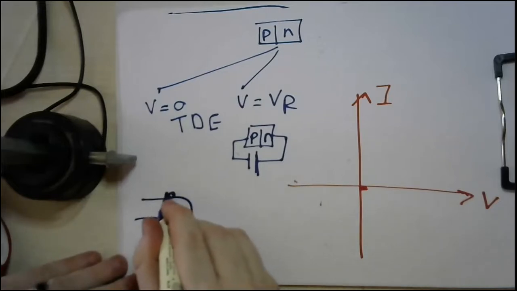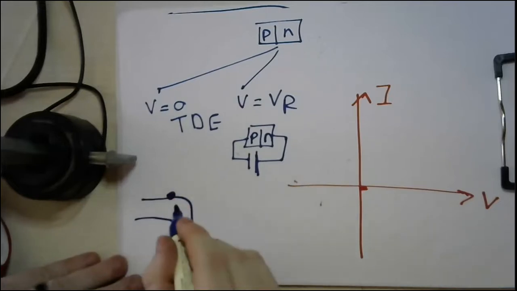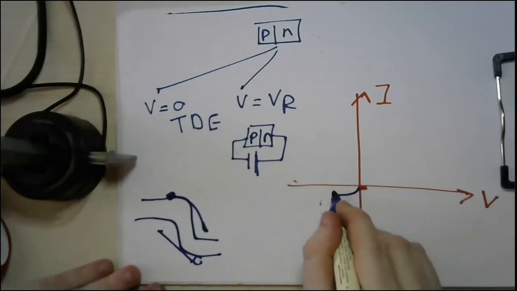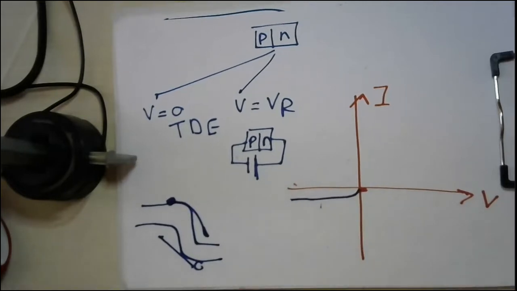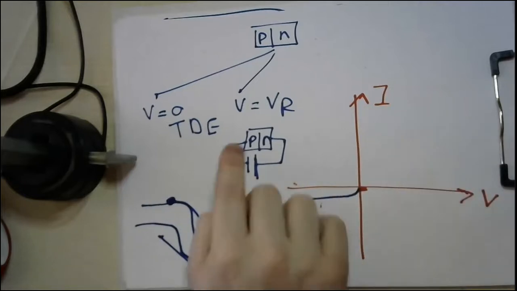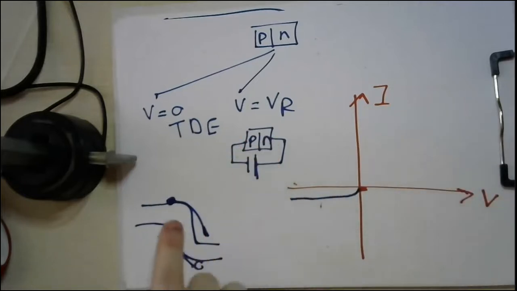Only the minority carriers, which are the electrons, will move here, and the holes will move there. So the current is very, very small. Whenever the voltage is negative, what we call the reverse voltage, the current is very limited.